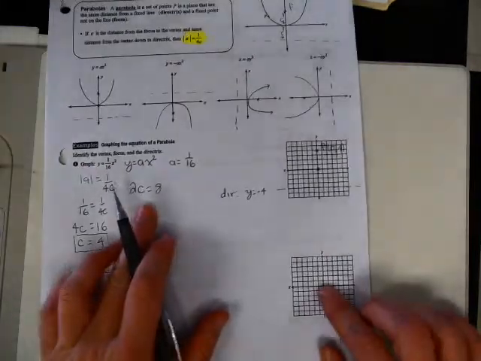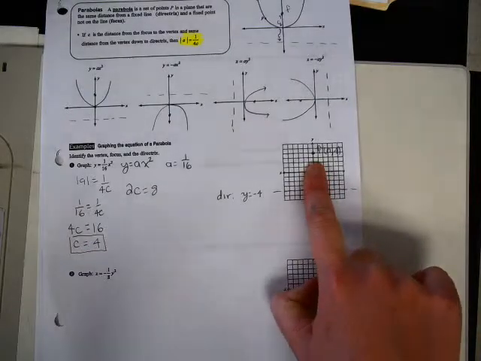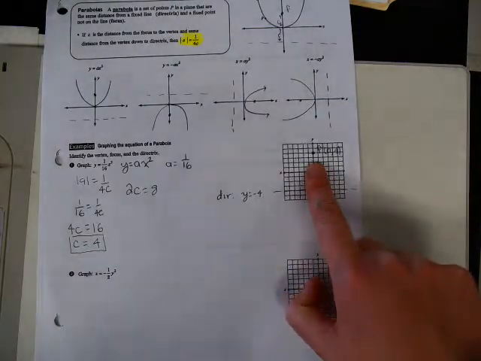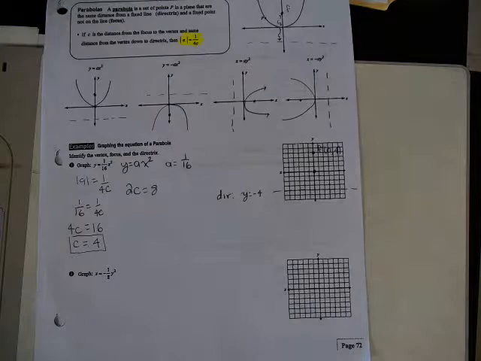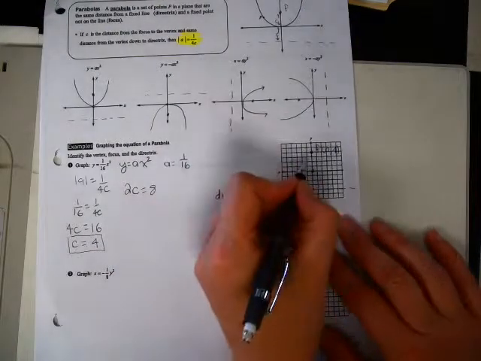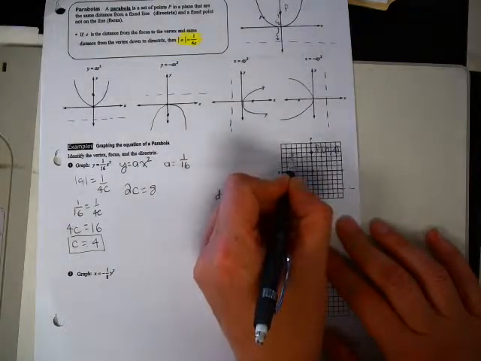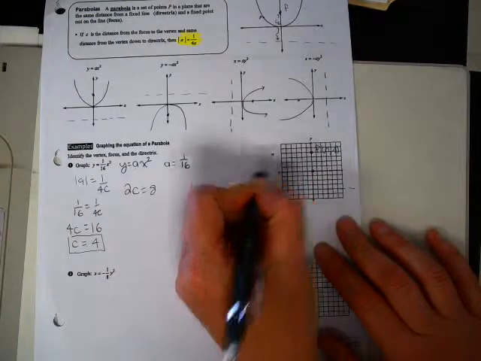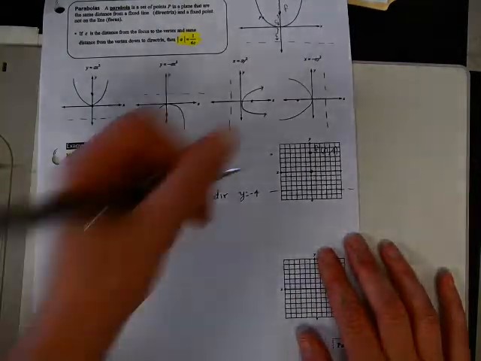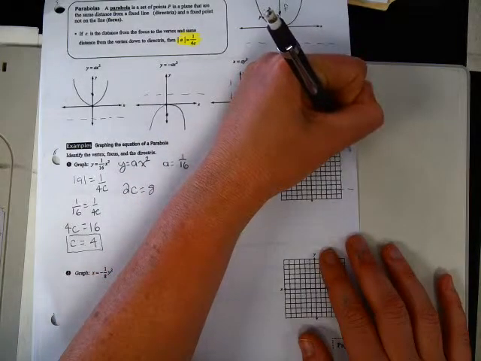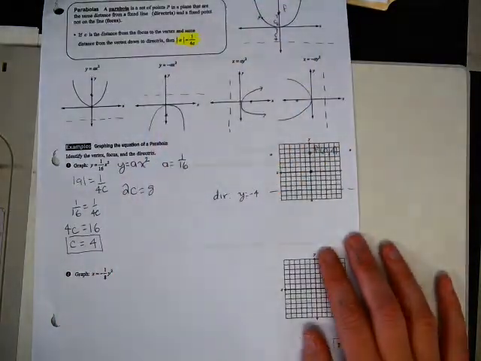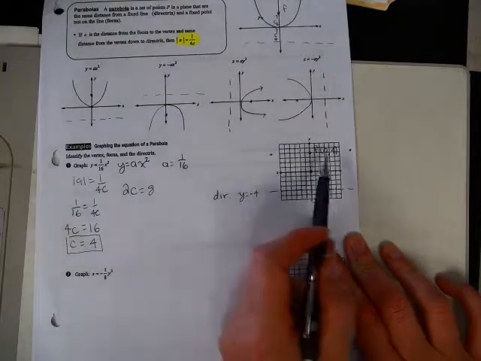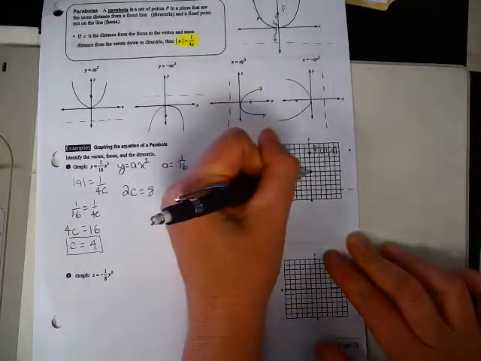That means if I go to the focus and go to the left and the right 8 units, I will find 2 points on my parabola. 1, 2, 3, 4, 5, 6. I know the graph stops, but it's somewhere around here. Same thing on the other side, somewhere over here. So again, that's 8 units on each side.